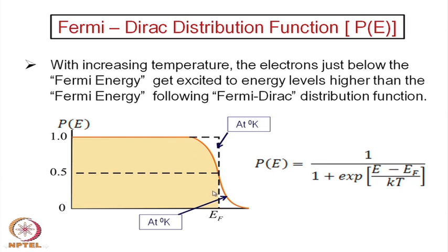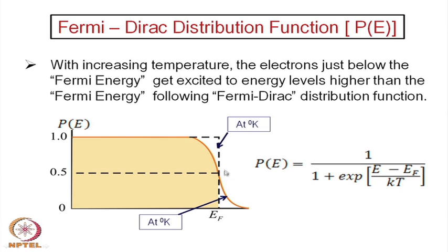This is at T equal to 0, at 0 degree Kelvin, that means this is a rectangular plot, which means up to E f, the Fermi energy, the probability factor is 1, which means fully occupied, or 100% occupied. That happens at 0 degree Kelvin or absolute 0. So, the curve is like this, as per the dotted line here.